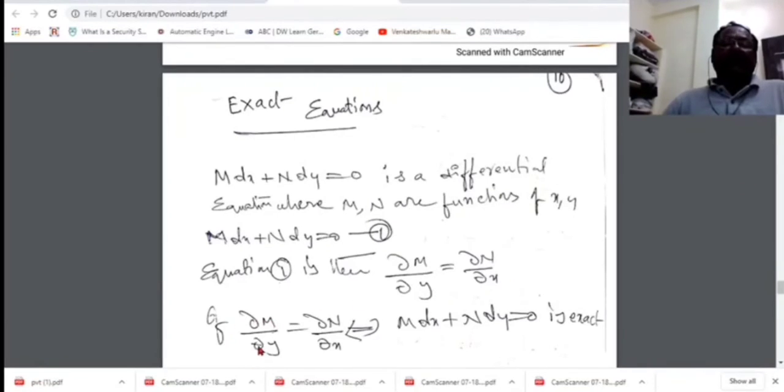In case ∂M/∂y is equal to ∂N/∂x, implies and implied, this is the necessary and sufficient condition for an exact differential equation.